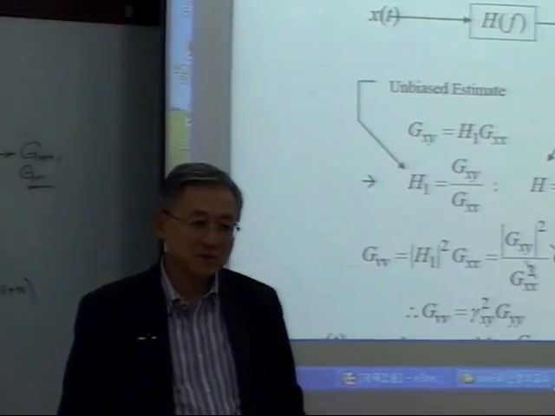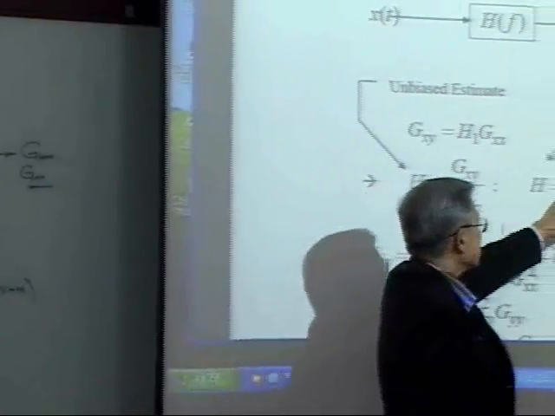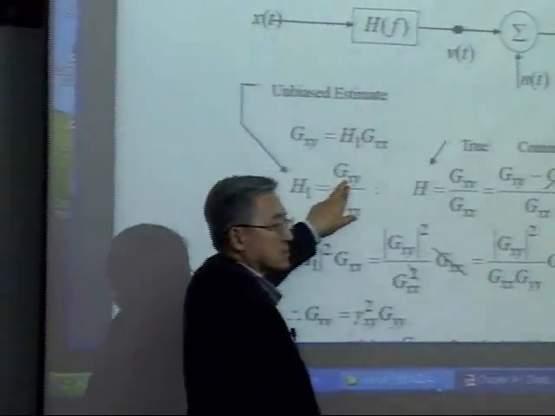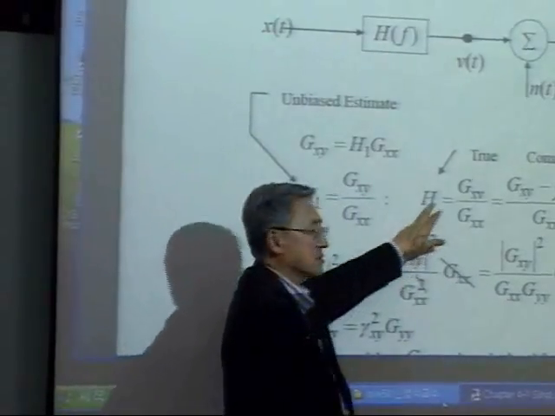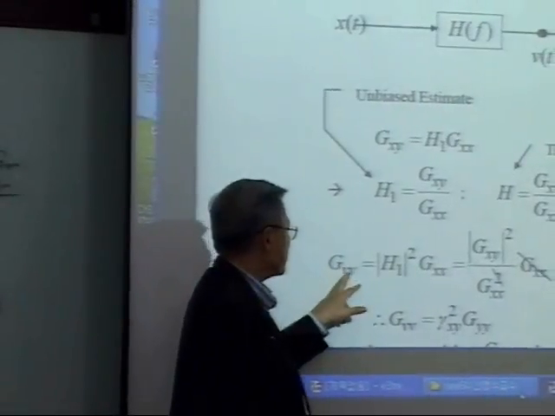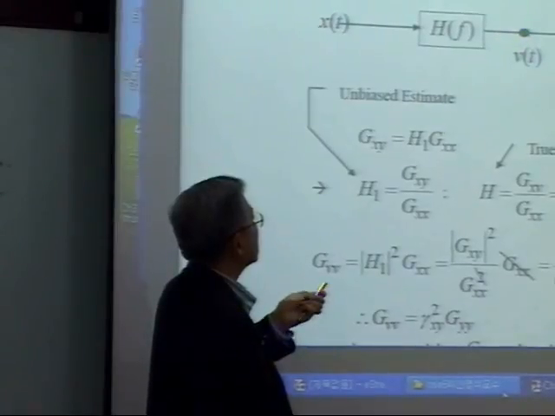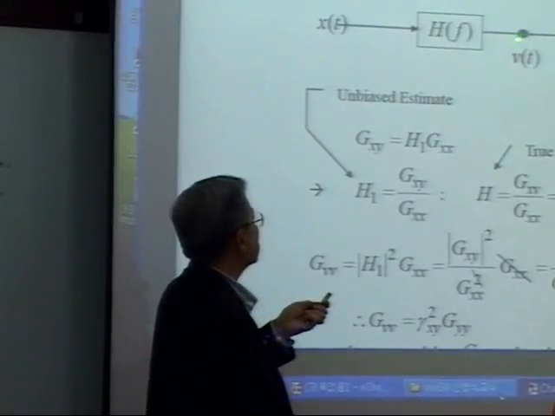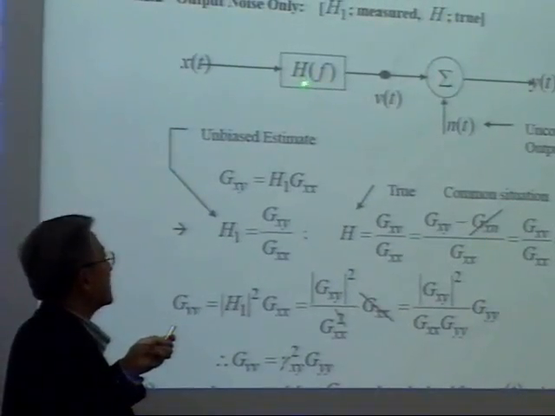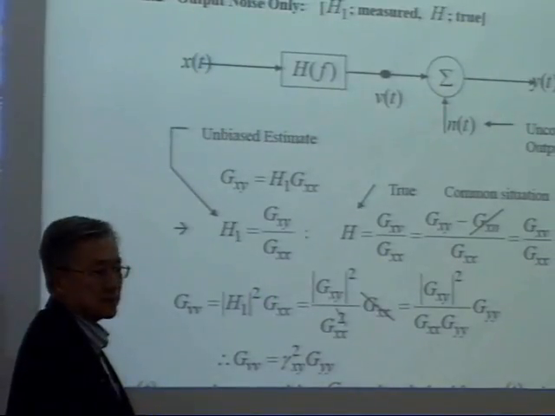No difference, right? True. Makes sense? Because this guy is equal to this guy is equal to this guy is equal to that. So GVV is right here. GVV is equal to the transfer function H, or H1, magnitude squared times GXX.